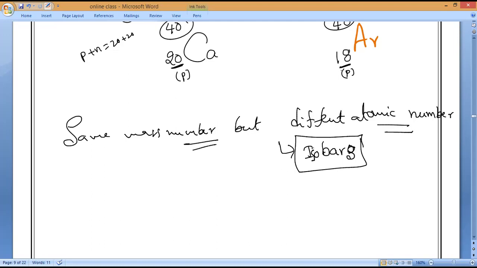This is also a drawback of Dalton's theory, because in his time isobars were not identified or discovered. Is it okay, guys? So these are the drawbacks of Dalton's atomic theory.